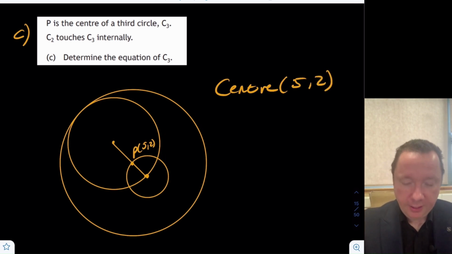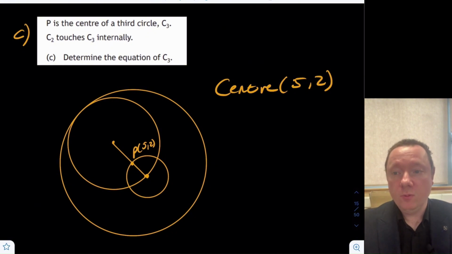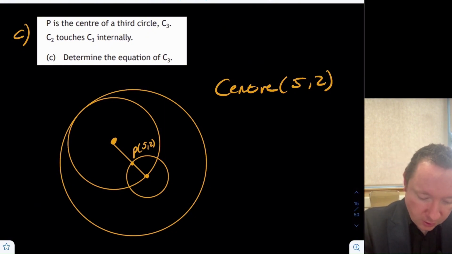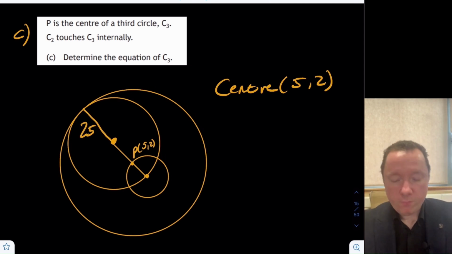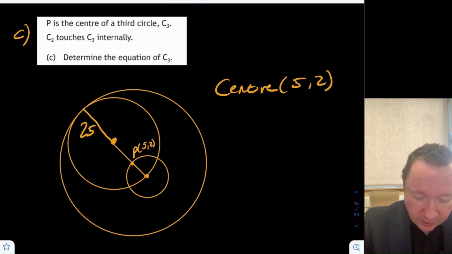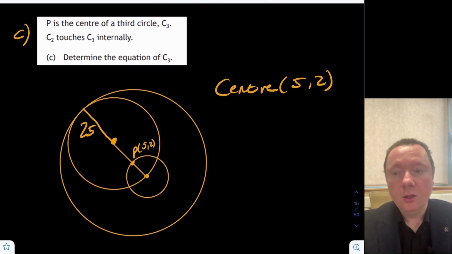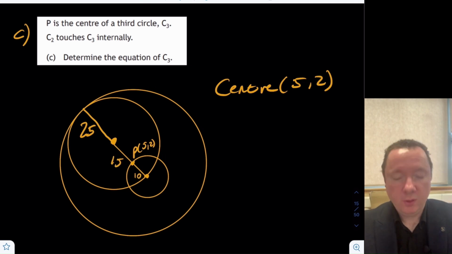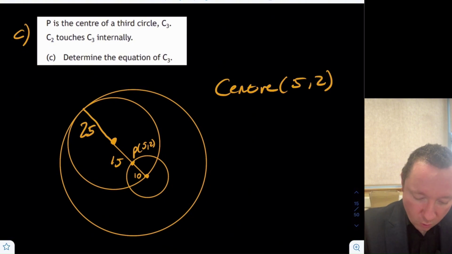But we already know some information from what we've already worked out previously. We know that the radius of this big circle here is 25. And we know that the distance between here and here was 15, because it was 10 over here as well. 10 and 15 make 25. So if we know that this is 25, and from here to here is 15, then the radius of our new circle is 25 plus 15, which is equal to 40.